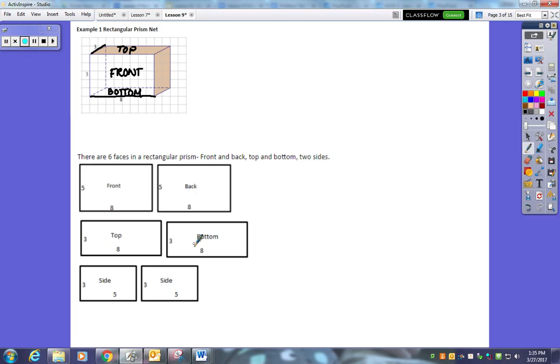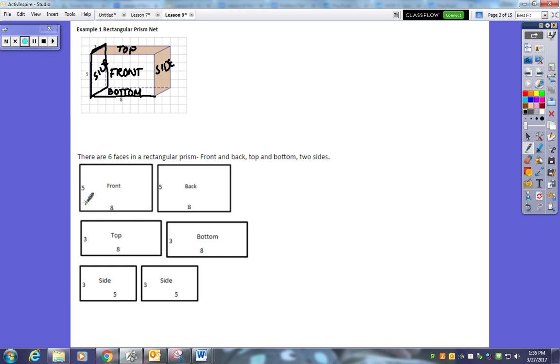The sides, there's always 2 sides. The sides to this one would be a 5 by 3 rectangle, and there are 2 of them, a side here and a side here. Okay, so that's what would happen if we were to cut off these figures.